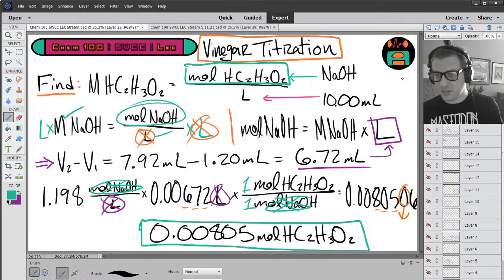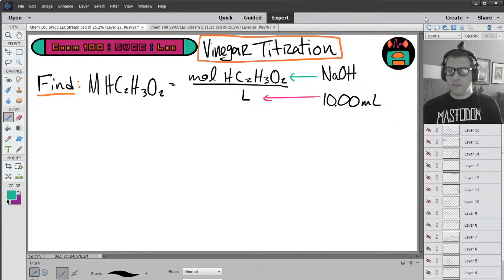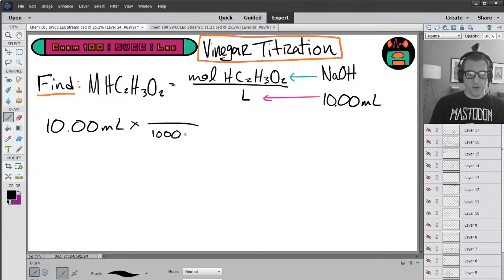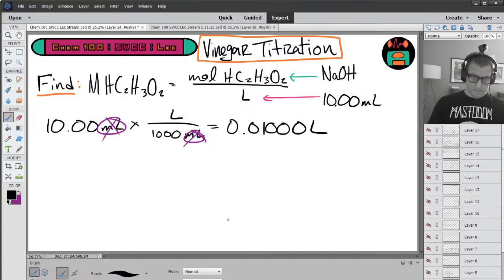Granted, we need to do unit conversion there, but we're almost there to the answer for part A. Quickly, 10.00 milliliters converted to liters comes out to be 0.01000 liters.